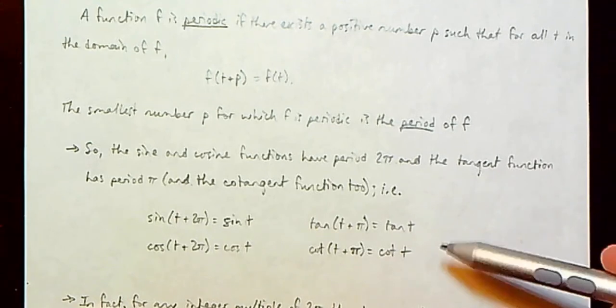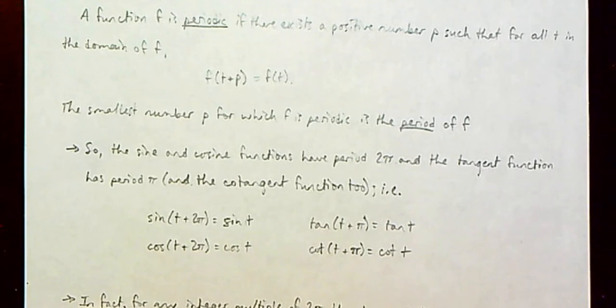And then similarly, tan of t plus pi equals tan of t. And cotangent of t plus pi equals the cotangent of t. Since cosecant and sine are tied in with each other, as well as secant and cosine, cosecant and secant also have period 2 pi as well. I'll just state that for the record, not something that you're really heavily quizzed on.